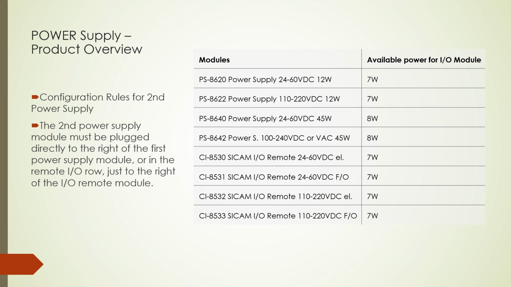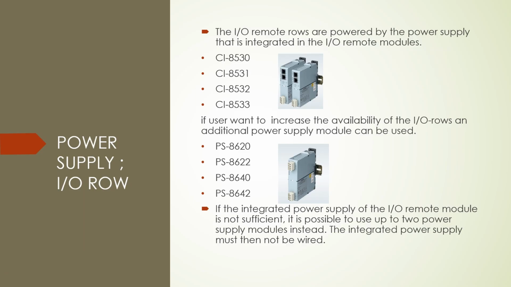Either the user can use CI modules, I mean CI8530, 31, 32, 33, to power up the IO modules, or the user can also add power supply modules with CI modules if the power consumption of that particular row is increased.